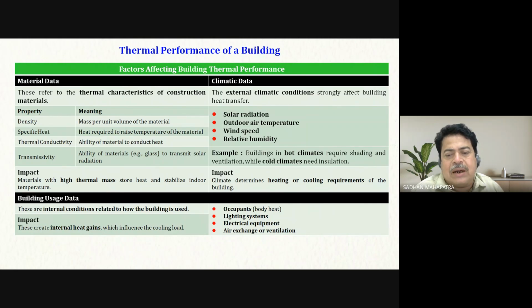So the impact: the climate determines the heating or cooling requirements of the building. Building use data are the internal conditions related to how the building is used, like occupants' body heat, lighting system, electrical equipment, air exchange, or ventilation. This creates the internal heat gains, which also influence the cooling load.